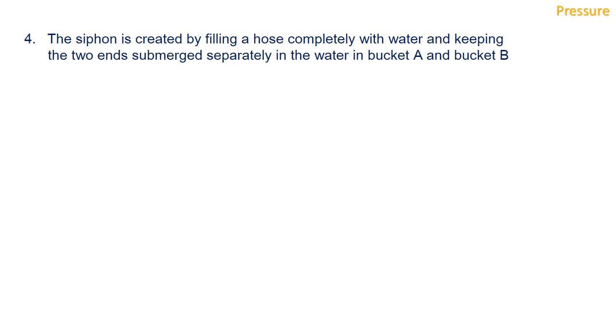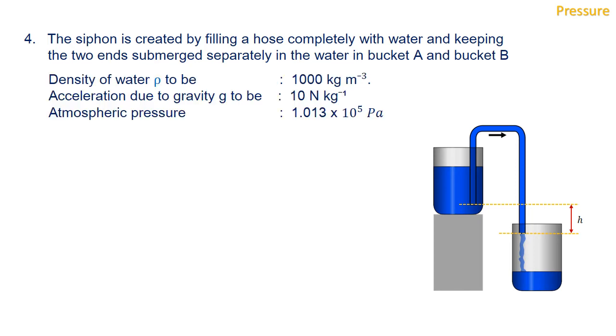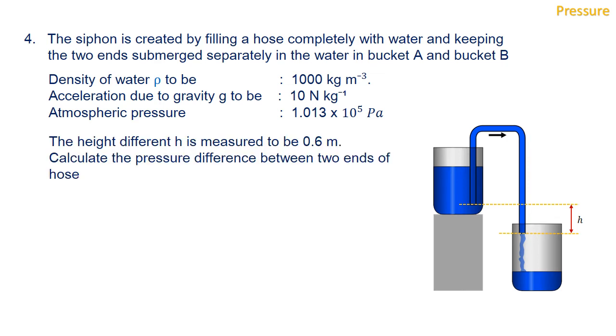The siphon is created by filling a hose completely with water and keeping the two ends submerged separately in the water in bucket A and bucket B. We know about this parameter. The height difference, h, is measured to be 0.6 meter.